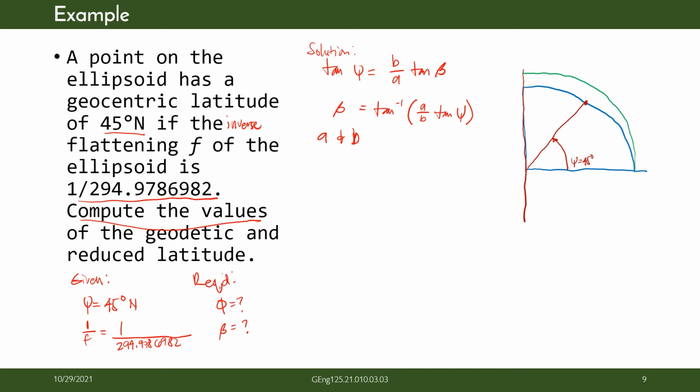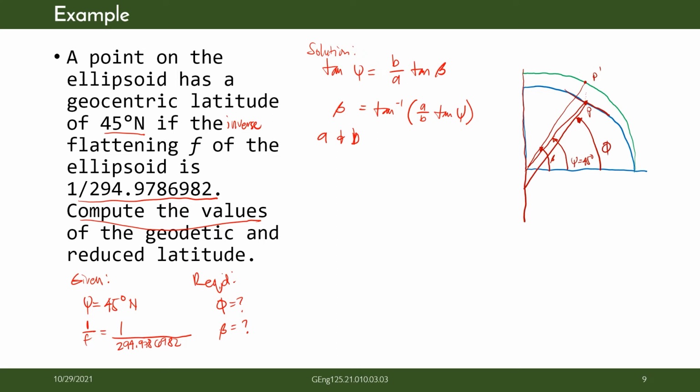We project the point here. Let's say this is P prime, then going to the center, this is your reduced latitude. Another one, we project the normal to this point, so this is your geodetic latitude.